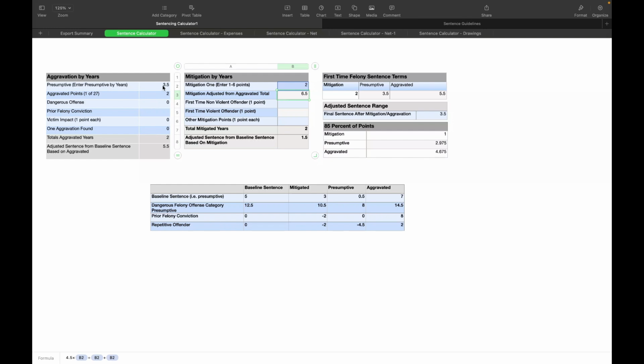So let's say that the presumptive is 3.5. He was aggravated 2 points, accomplice and the age. So without any mitigation, the sentence could be increased to 5.5 based on that aggravation. By 2 years, the sentence has been increased.